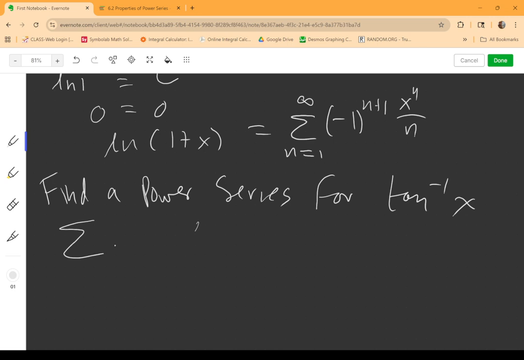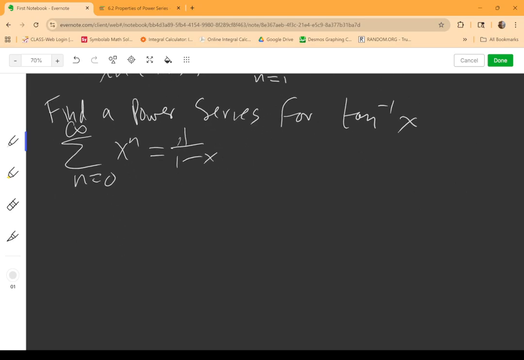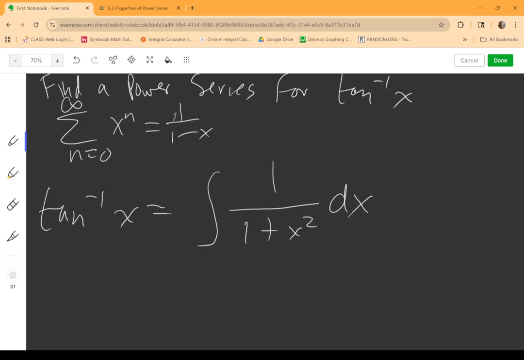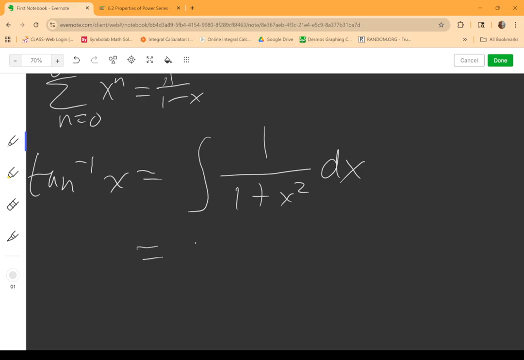And again, coming back to this one, we first need to identify that the inverse tangent is the integral of 1 over 1 plus x squared dx. And again, that means the integral of 1 over 1 minus negative x squared.